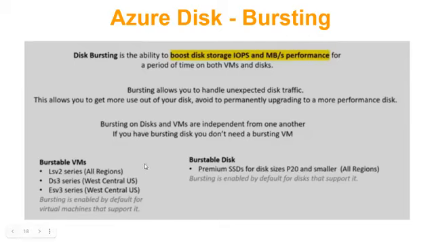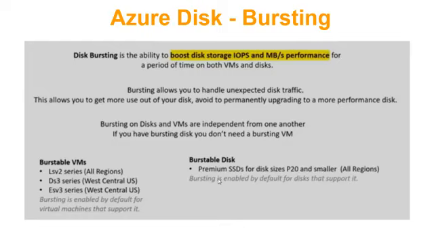So only three VM series, not all, and only the LSV2 series for all regions. Whenever you have these series of VM, bursting is enabled by default for that virtual machine.